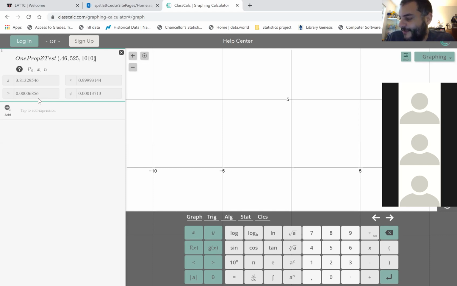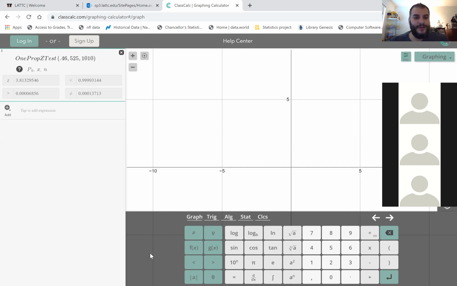So the p-value is equal to 0.000068. All right. So that's your z value, and that's your p value. Z value is 3.81, p value is 0.000068. Any questions so far on how I get the z value or the p value from the calculator?